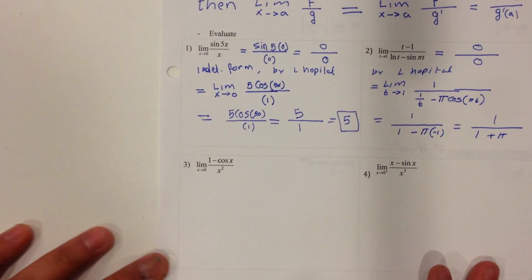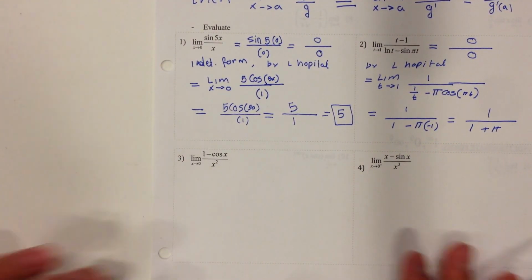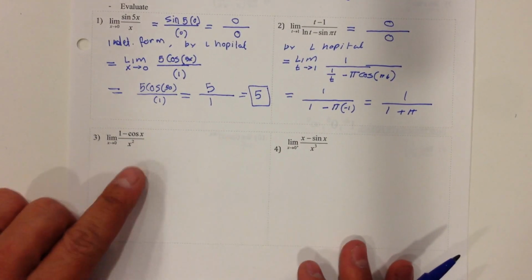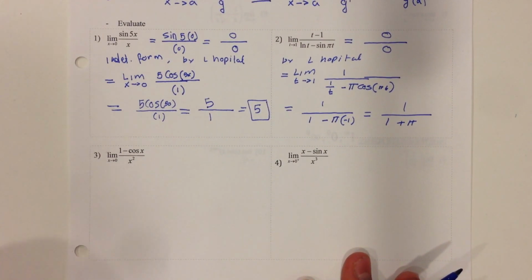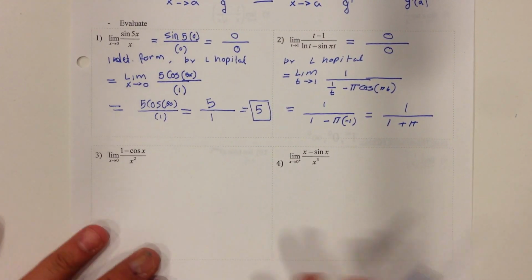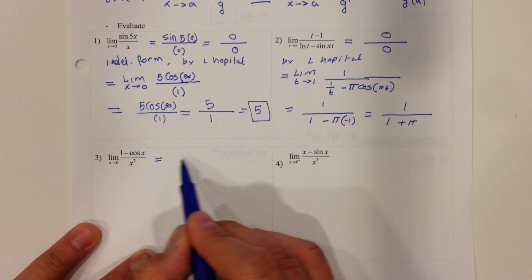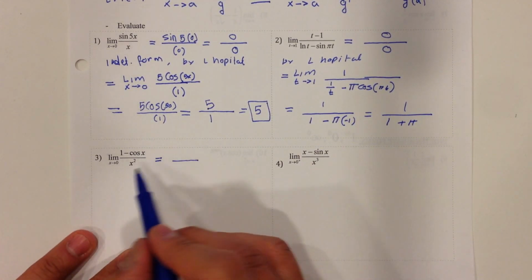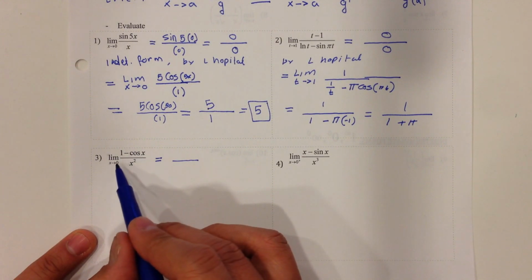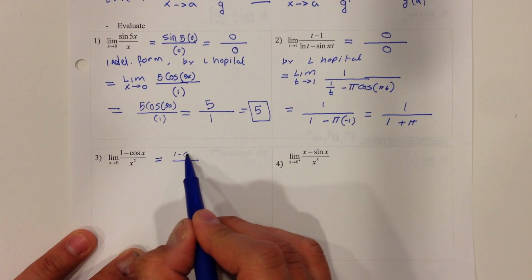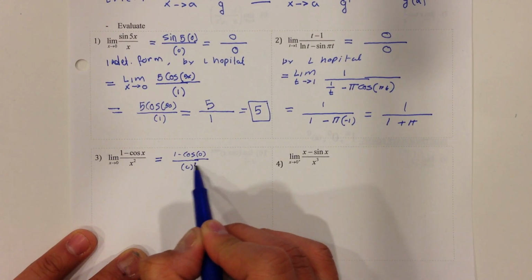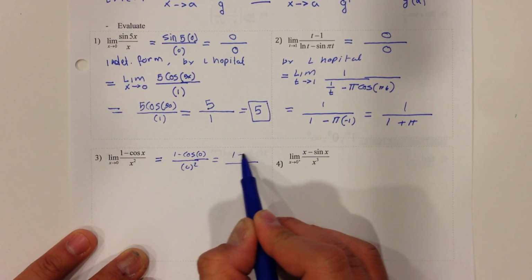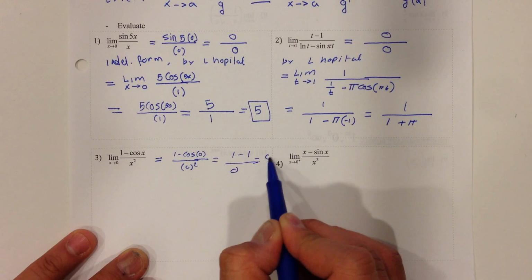Very good. So remember, it's actually very easy to take the derivative to find the limit using L'Hopital's rule, but you must check for indeterminate form first. So always start by checking indeterminate form. If I replace 0 in there, 1 minus 1 over 0, which equals 0 over 0.